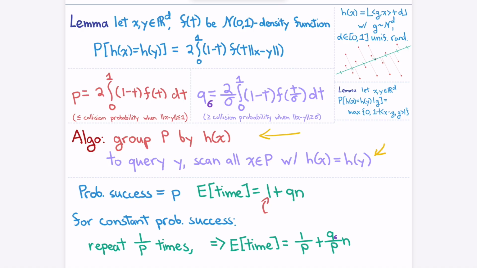So we have an algorithm that runs in 1 over p plus q over p times n time, just the bare bones algorithm. Now I want to do some fine tuning and figure out how to improve this, and the critical part is this. We'll change our data structure in a deep way.